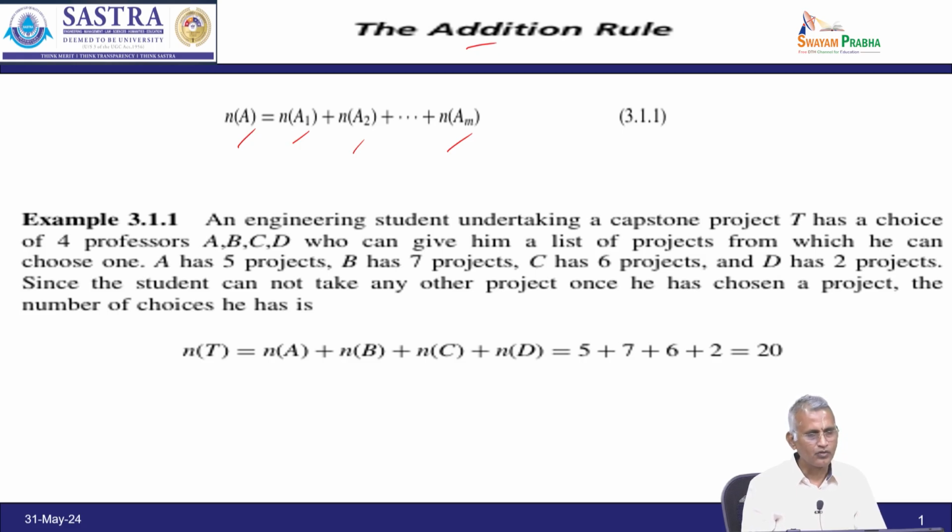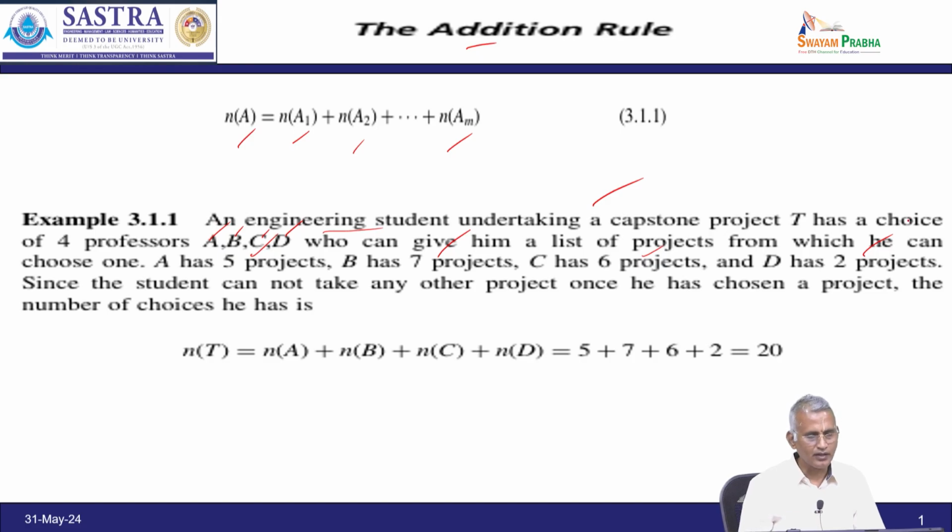Now, we are going to discuss one example. An engineering student undertaking a capstone project T has a choice of 4 professors A, B, C, D, who can give him a list of projects from which he can choose one. A has 5 projects, B has 7 projects, C has 6 projects, D has 2 projects.